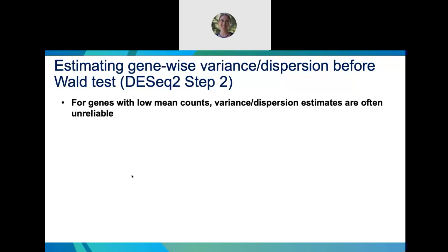And so what that means is that for genes with naturally low mean counts, the variance that you get in your data for that gene is often unreliable. We just know that biologically we're not seeing the variance that is occurring biologically, just because it's hard to reliably measure genes with low mean count.